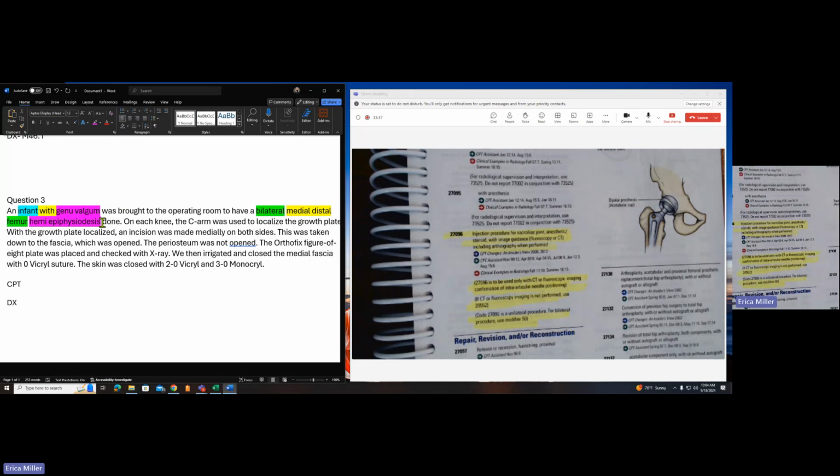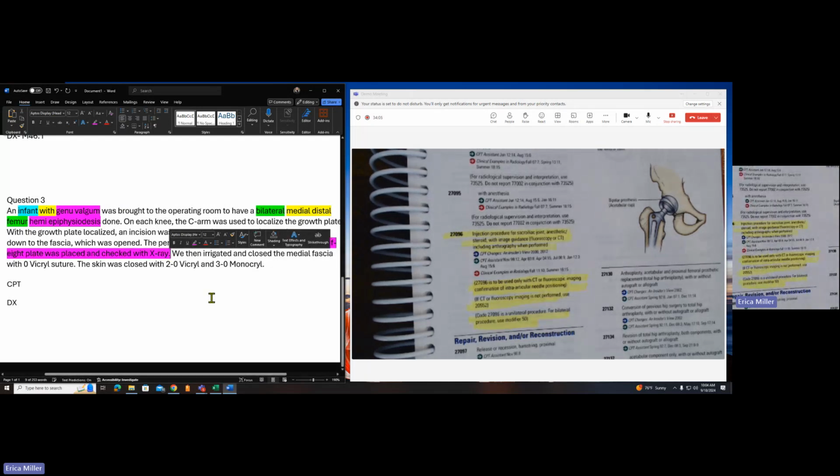Let's see, what else is important here? On each knee, the C-arm was used to localize the growth plate. Maybe how far this was taken down. The periosteum was not opened. The Orthofix figure of 8 plate was placed and checked with X-ray. I'm going to highlight this as well. This may come into play, a figure of 8 plate, and the fact that it was checked with X-ray.